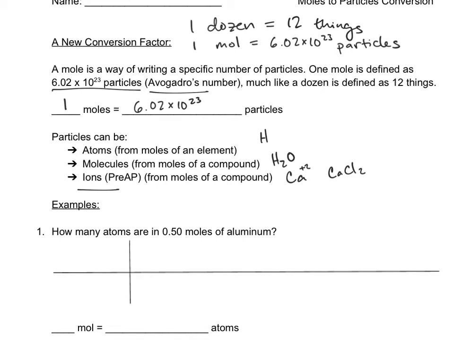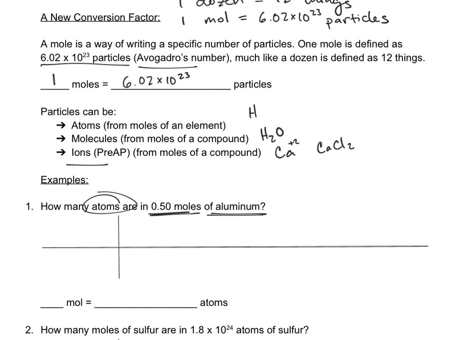Let's look at number 1 here. How many atoms are in 0.50 moles of aluminum? So you're starting with 0.50 moles, and that is of aluminum. And we're trying to get to atoms. So we're going to use this information to make up a conversion chart here, starting with our given information.